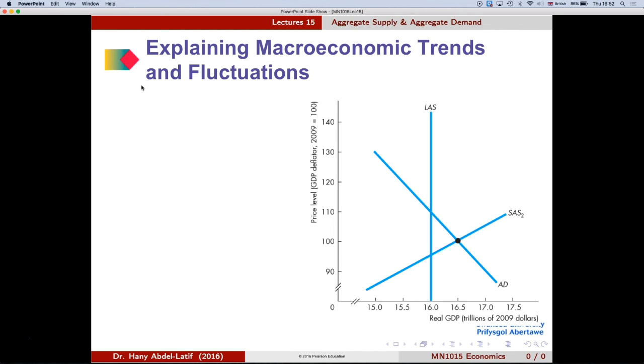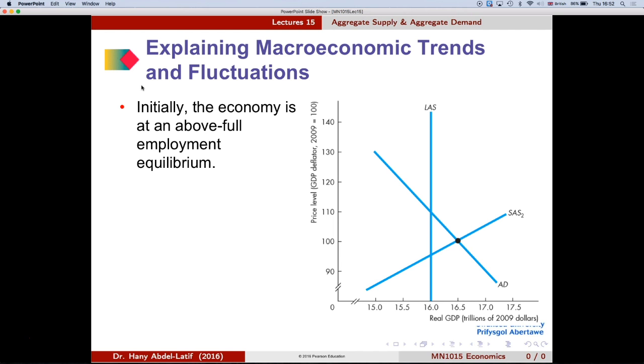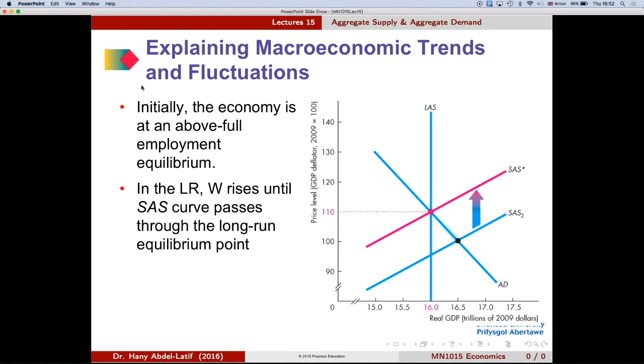In our case here, initially the economy has the short run equilibrium above full employment. And in this case, again, the money wage will adjust. The reason is, as I said, money wages are sticky, so they don't change in the short run, but in the long run they have enough time to adjust, and when they do, they take us back to the long run equilibrium.